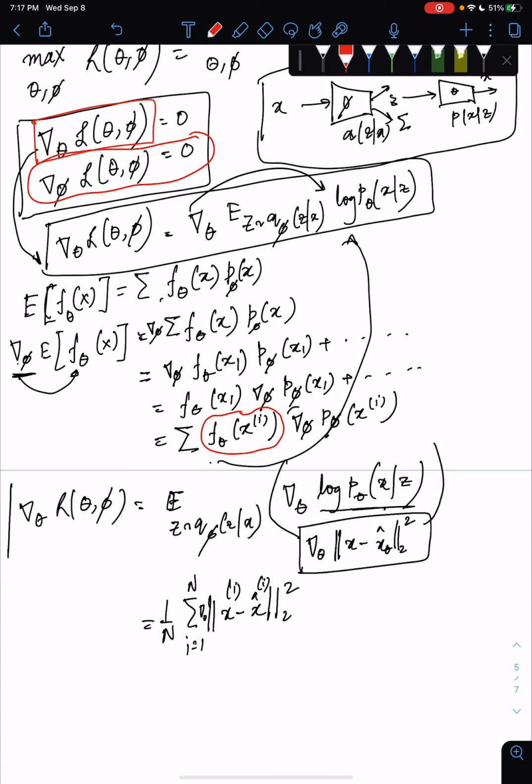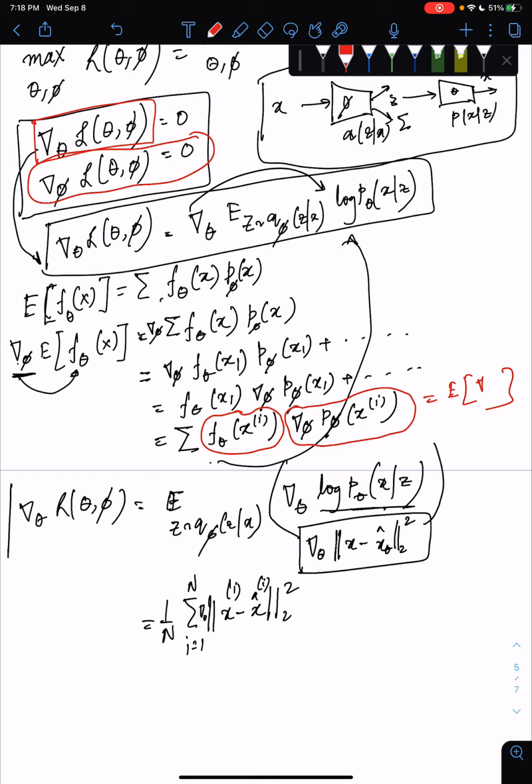This is not a probability distribution, and this thing is also not a probability distribution. So we cannot say that this whole thing is some sort of an expectation, where the gradient will be inside.